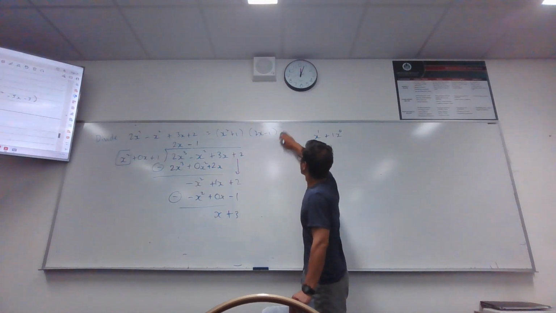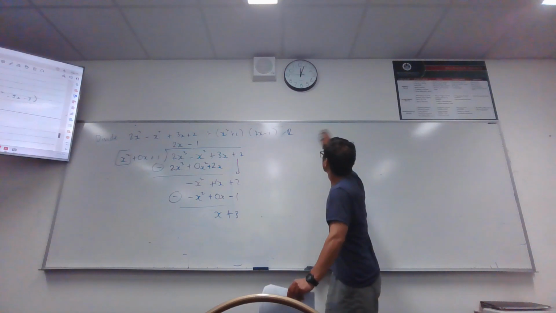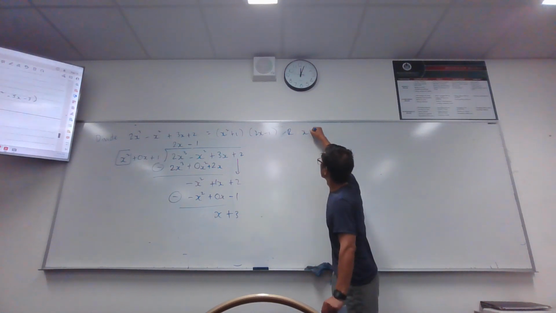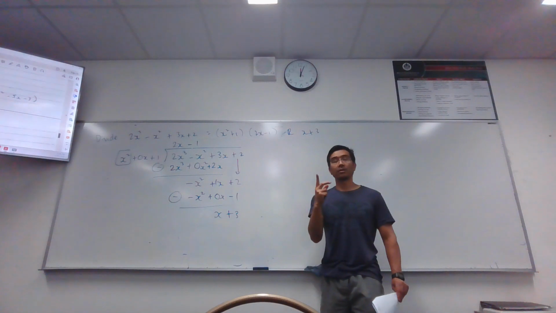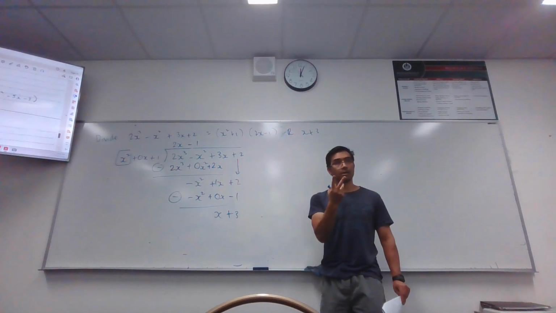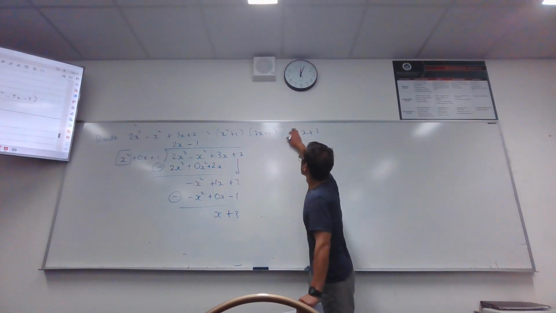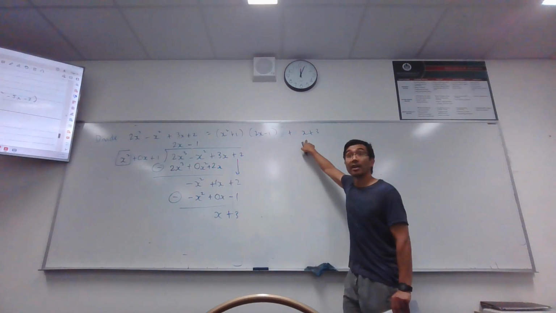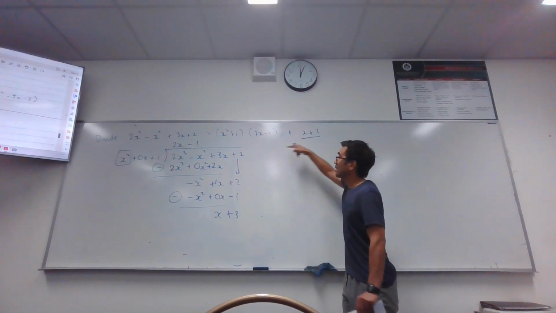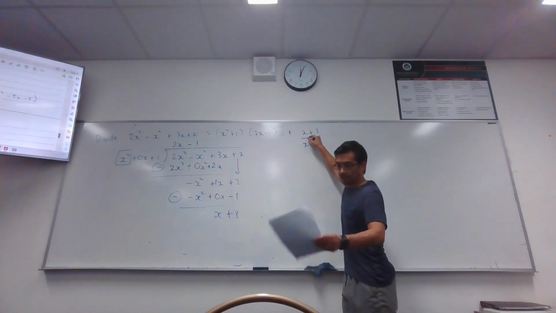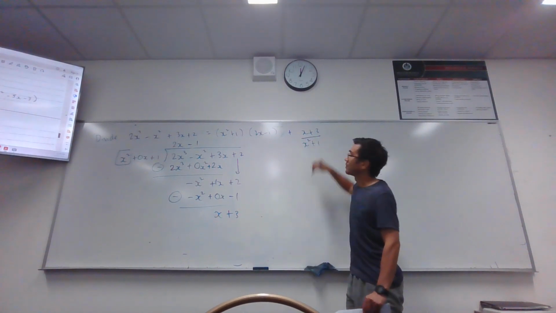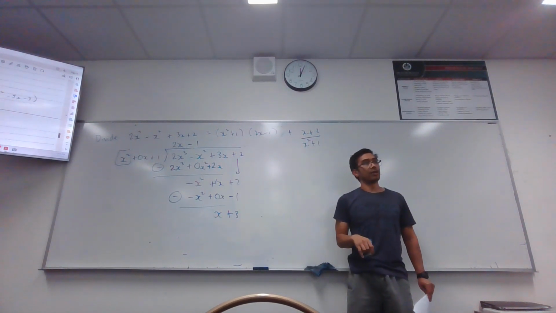We have our remainder, which is x plus 3. But if you don't want to write it with the letter r, we simply add our x plus 3 over what we divided by. That's another way to rewrite it.